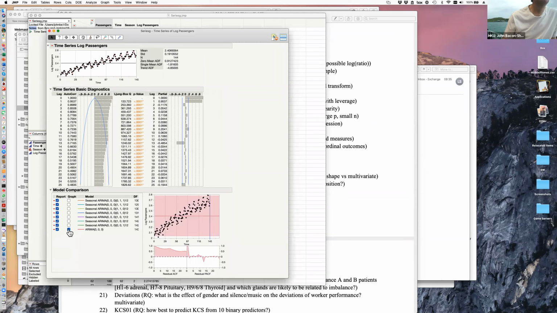So we know that the original ARIMA one, so this is basically saying nothing to see at all. This is just a constant. That's obviously a terrible model. This one here, you can see that doesn't work well at all, right? So neither of these two are useful. The third one you can see is much closer.